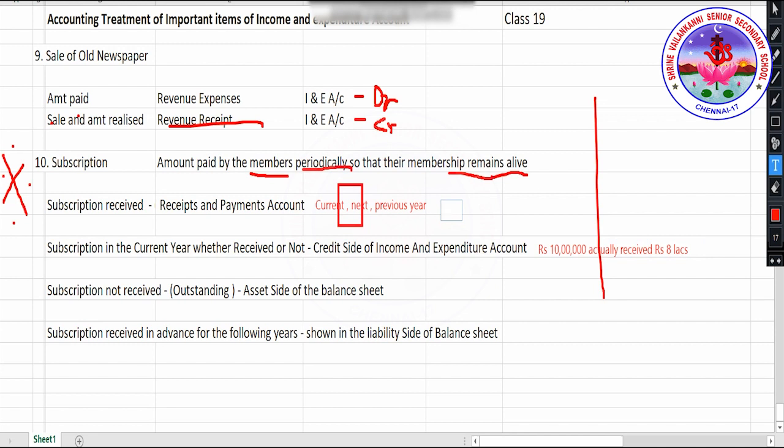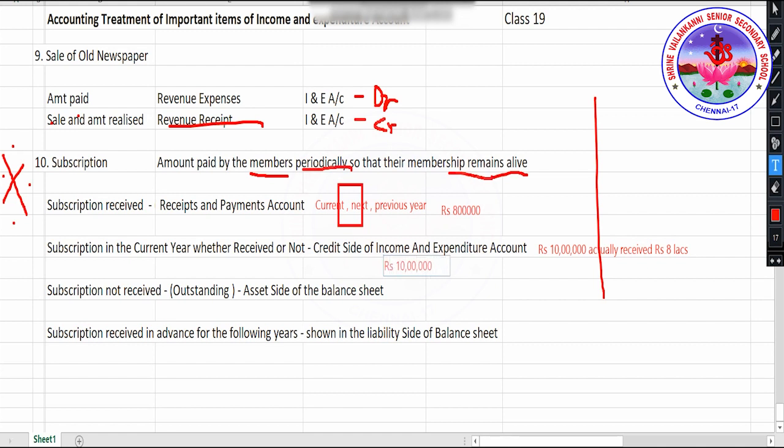In the receipts and payments account, you will record only 8 lakhs. But in the income and expenditure account, you will record rupees 10 lakhs.